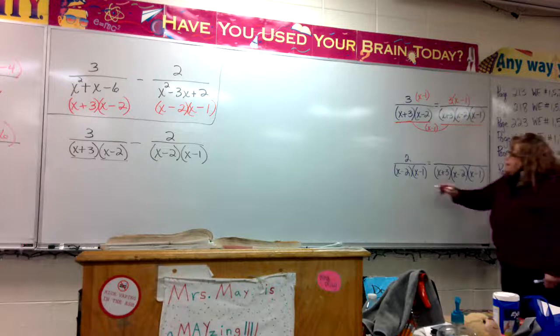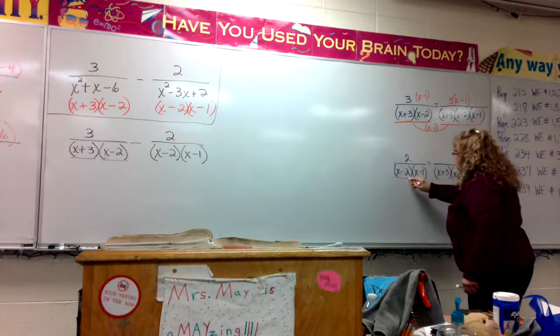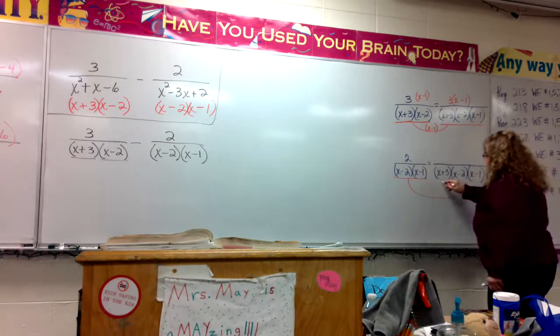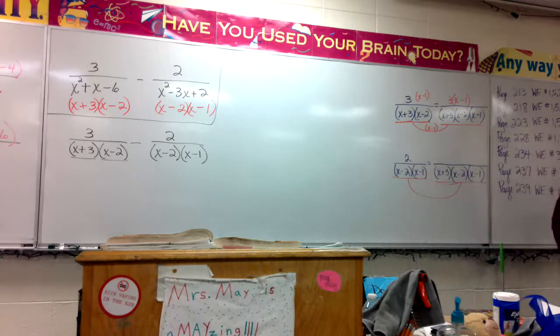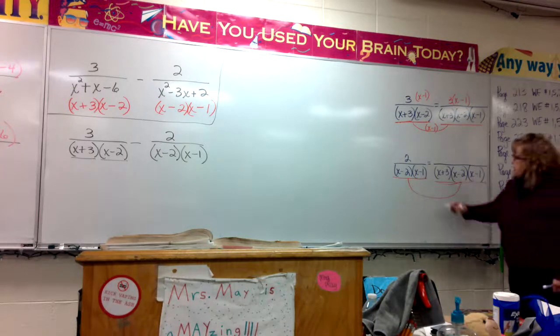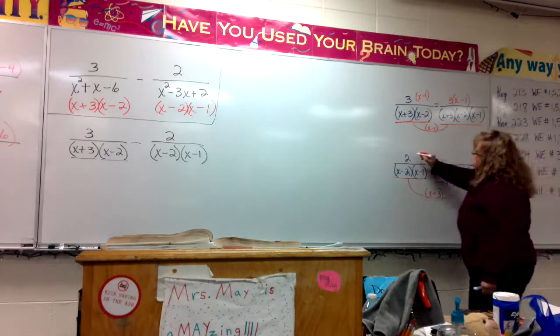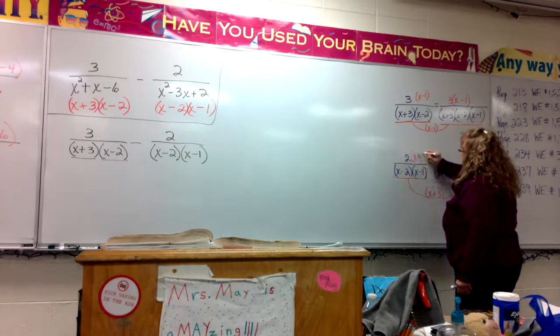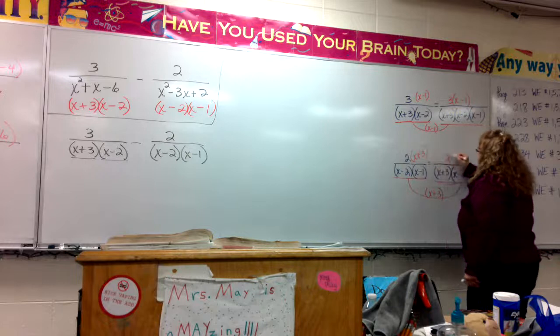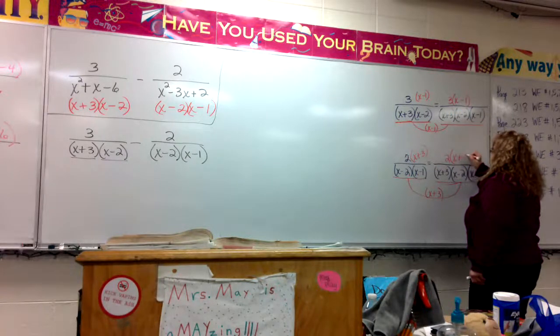Same thing on the bottom. Look at this side. What do I have to multiply by to get this side? X plus 3. X plus 3 I need. So on top, I'm going to also need the x plus 3. And I would really like it if you would just leave it like this.